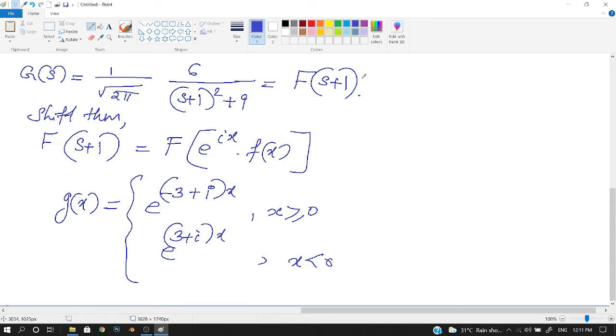Okay, so the only difference between them is instead of s we have s plus 1 in g of s. So just multiply our f of x with e raised to ix to obtain g of x and hence the required function here. Now let us move to one more example now.